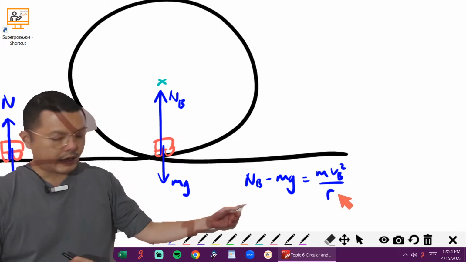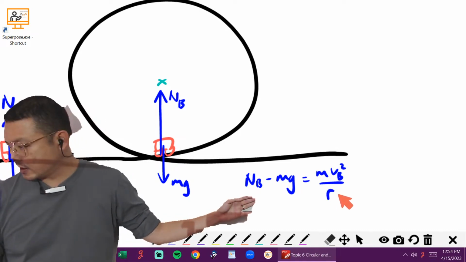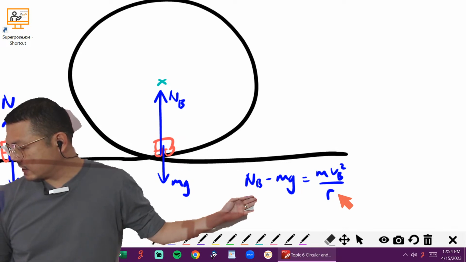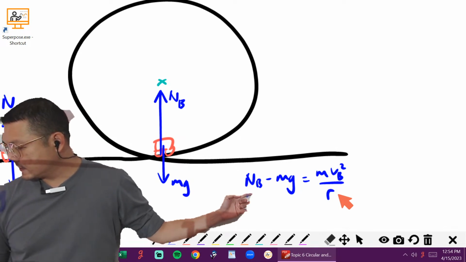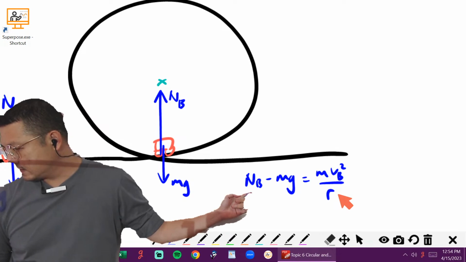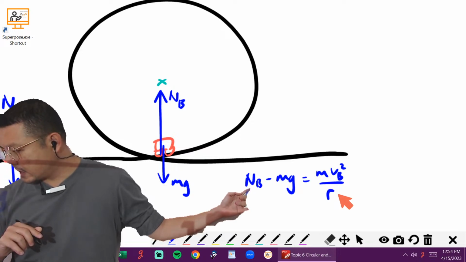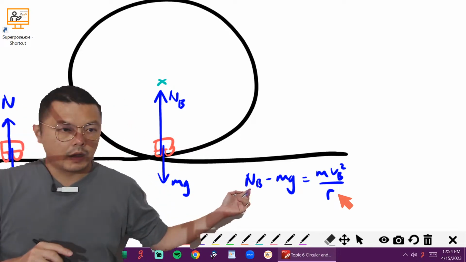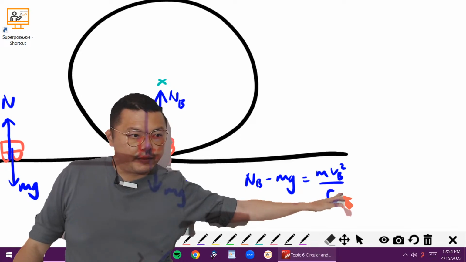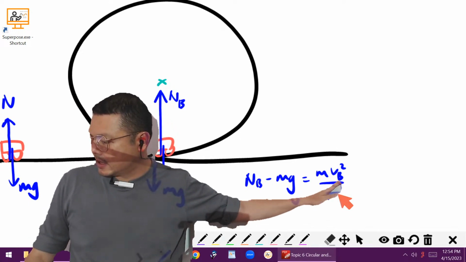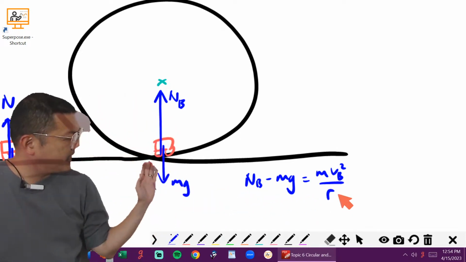Okay. NB minus mg equals mvb squared over r. Ian, are you following? Write this equation here. You understand that this VB stands for the V bottom, right? That's the speed at the bottom.